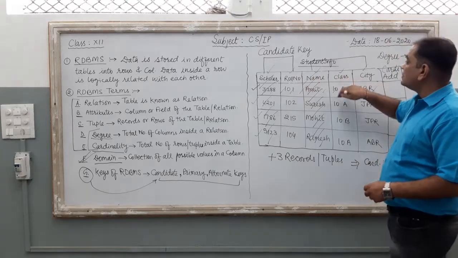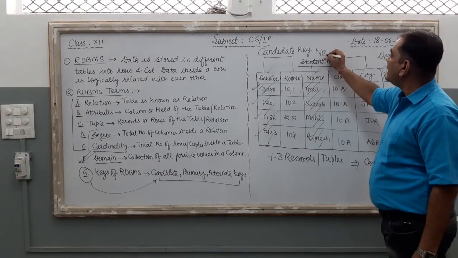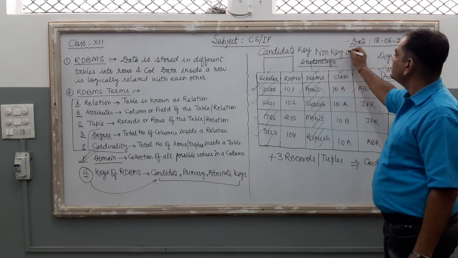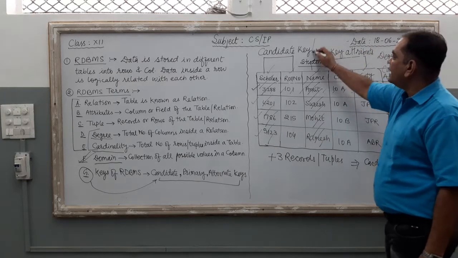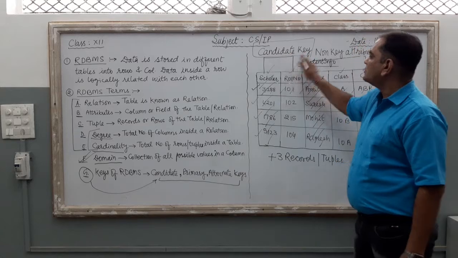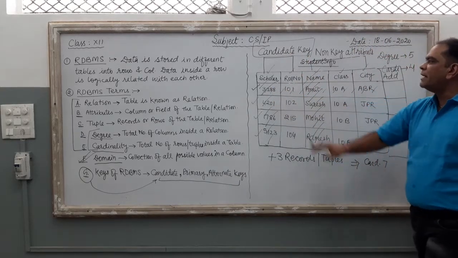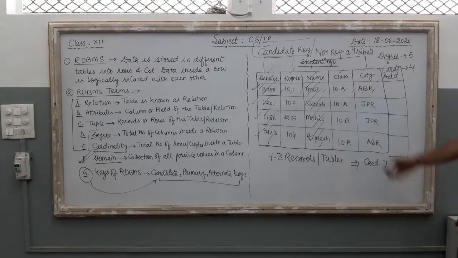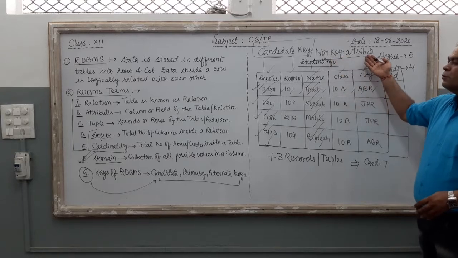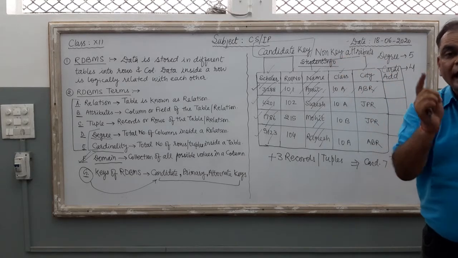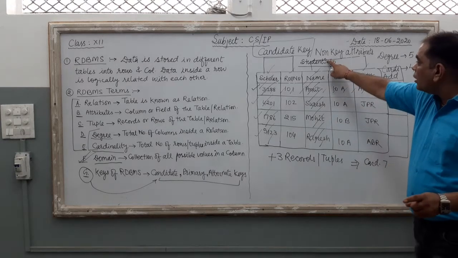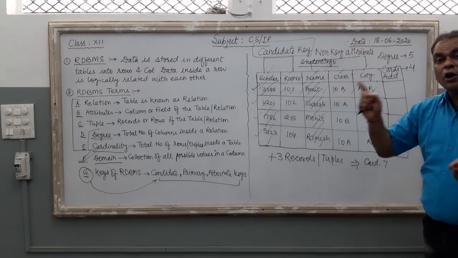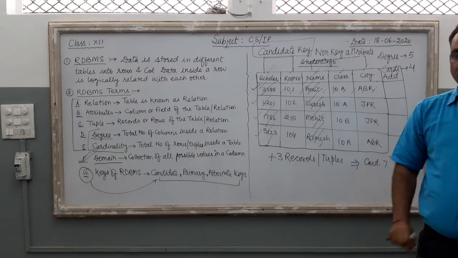The rest of these columns are known as non-key attributes. Here scholar number and roll number are candidate keys that contain unique values, and the rest of the columns are known as non-key attributes, or you can say non-candidate key columns. Listen again: non-key attribute or non-candidate key column.